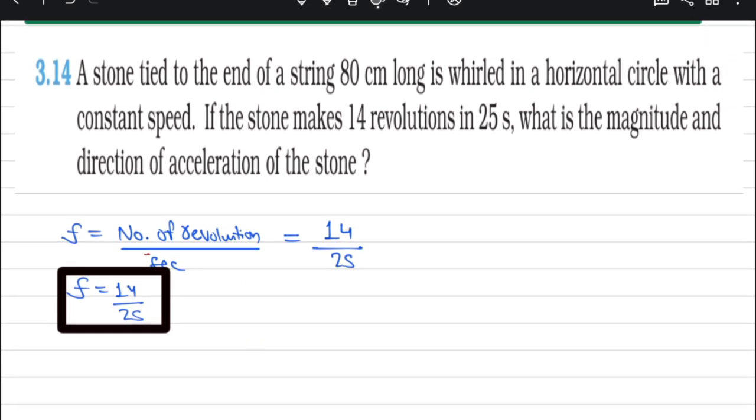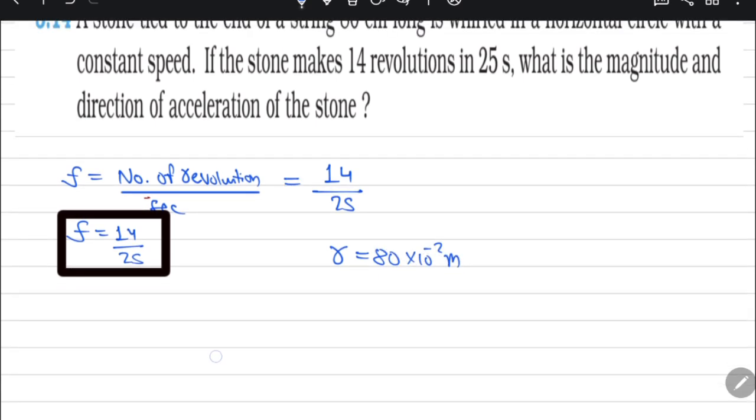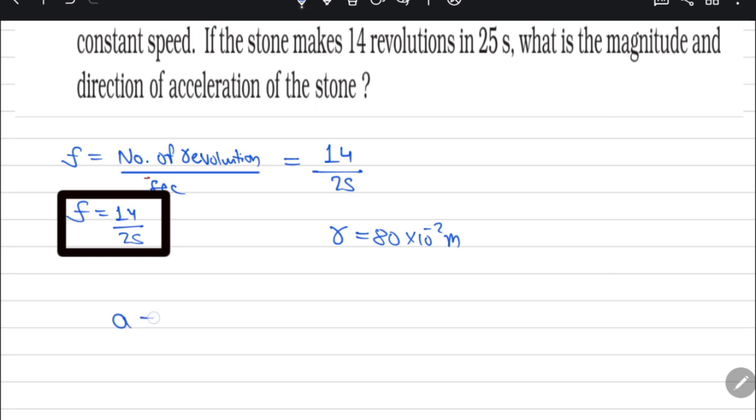And the stone is tied to the end of a string of 80 centimeter long. Means this they have given as radius, that is 80 into 10 to the power minus 2 meter. What is the magnitude and direction of acceleration of the stone? Acceleration is basically minus omega square r, and omega is basically 2 pi f.